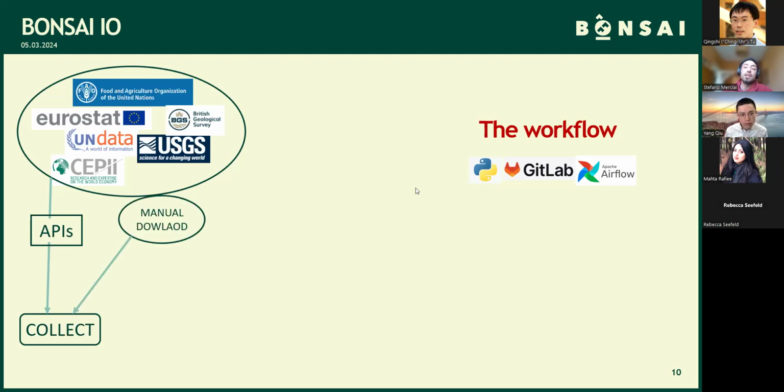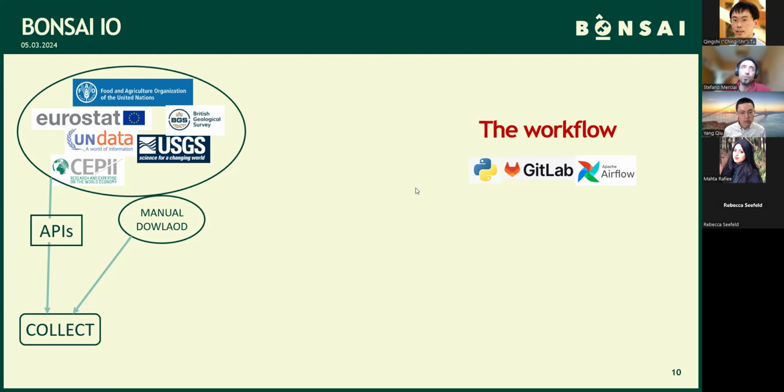Of course, there is also some information that we cannot download, some datasets that we still need to download manually. But the idea in the long run is to get rid of all these manually downloaded data and to just have APIs that are collecting data.